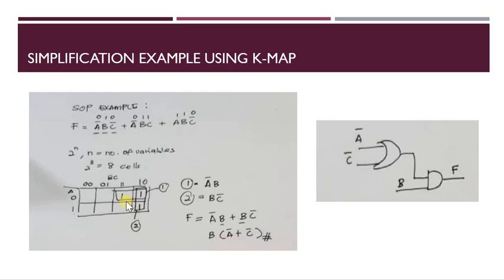So we need to do the mapping for each of the product inputs. The first one is 0, 1, 0.